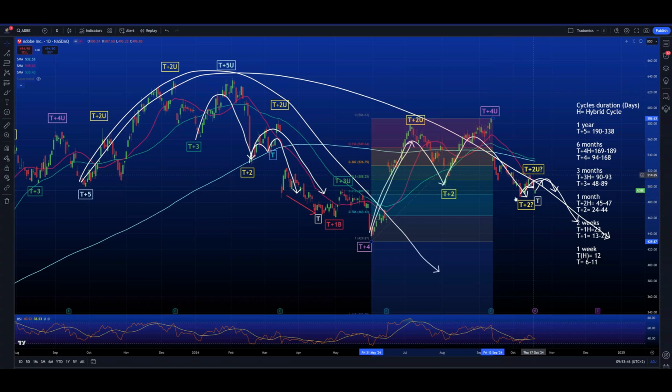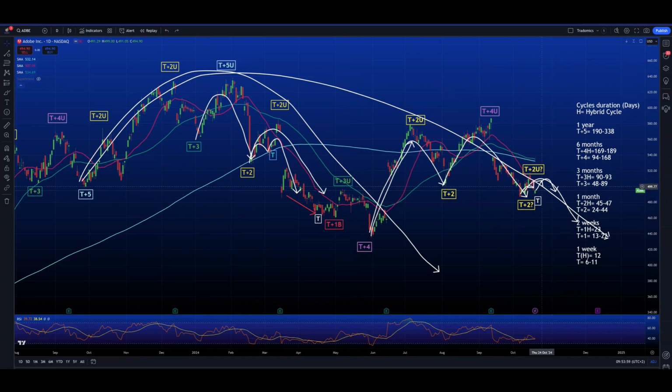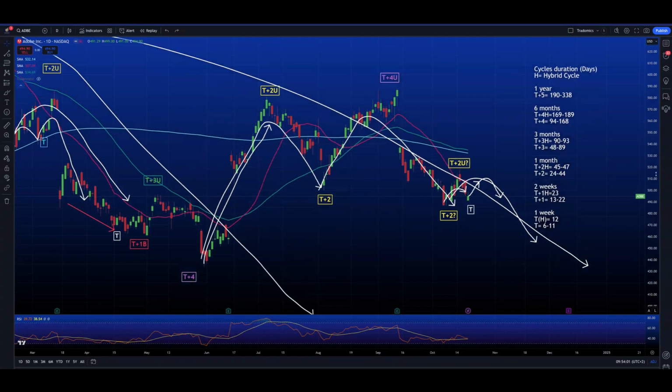But if this support, which is roughly in the area of $489, does not produce an impulse on an uptrend that firstly goes over $517, then the target is this one.